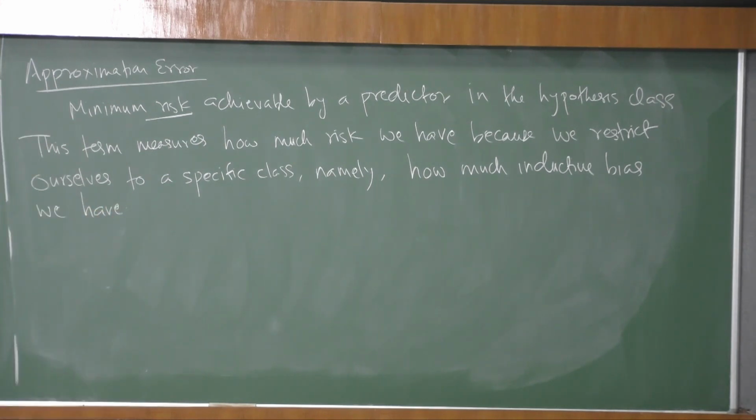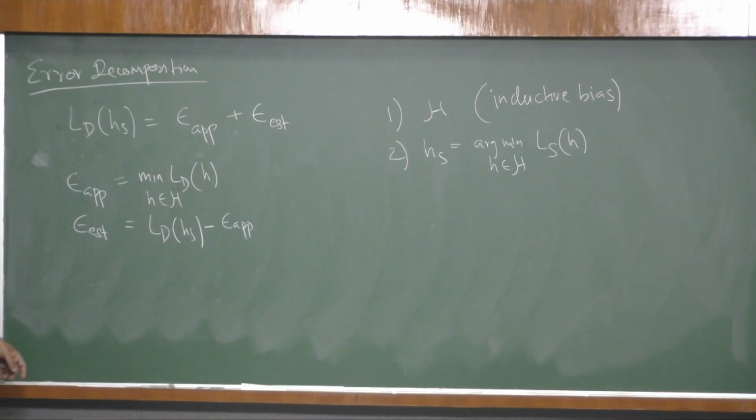Approximation error does not depend on the sample size, because this is minimization over the true error. It has nothing to do with the sample size. It's how good your H is.